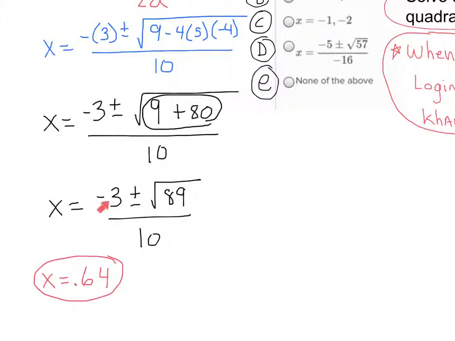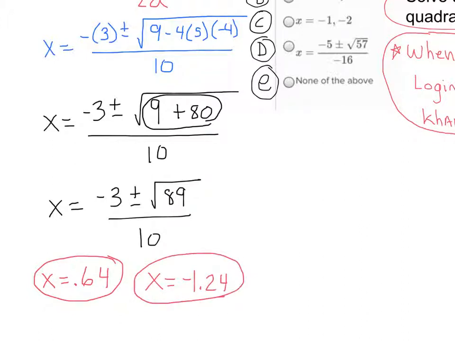And then you'll take your calculator and you'll go negative 3 minus the square root of 89, and you'll press enter. And then you'll divide by 10. And so x equals what there? X equals what? Negative 1.24. So there's your two solutions.